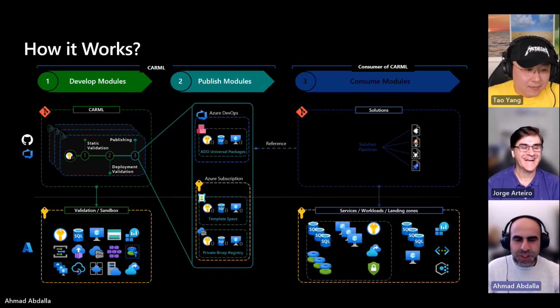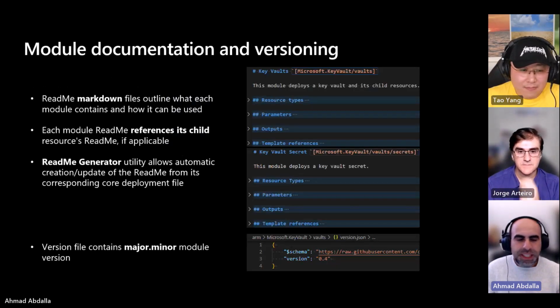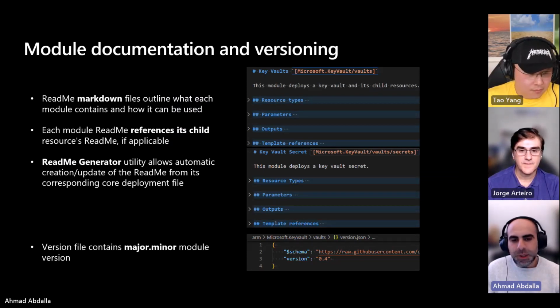Absolutely. So yeah, like the flavors, as I mentioned before, we have Azure DevOps and we have GitHub workflows. Those are always tested and validated at the same time whenever a new module gets updated, so they're fully working. Our README is written in Markdown. One of our core maintainers, Alexander, spent so much time building out the README generator capability.